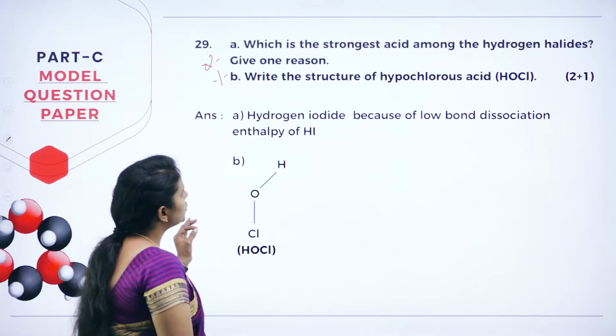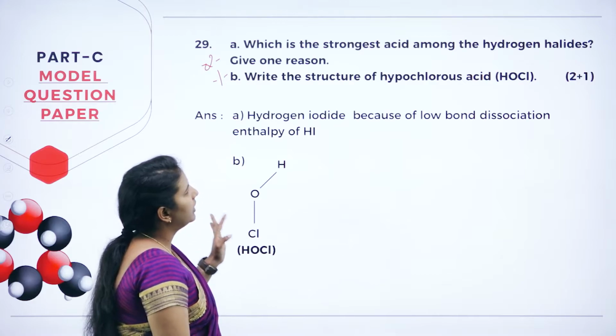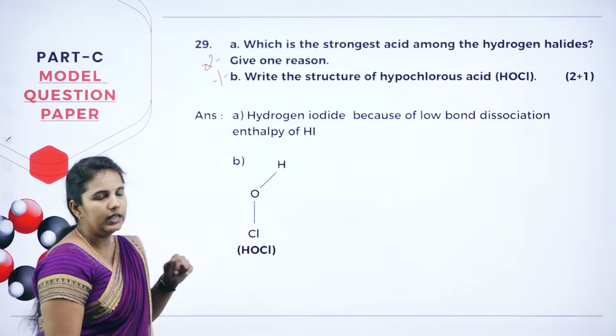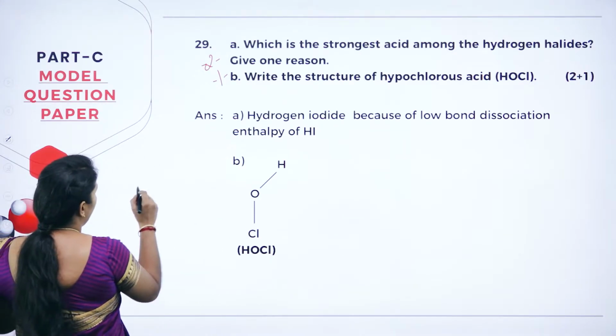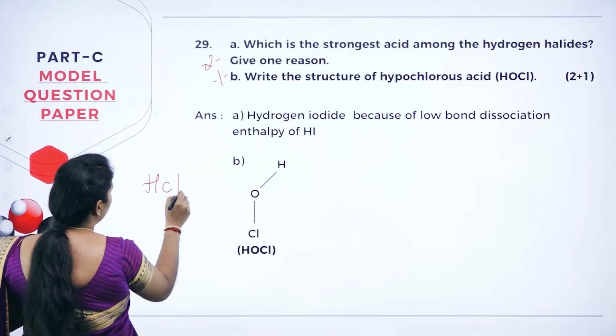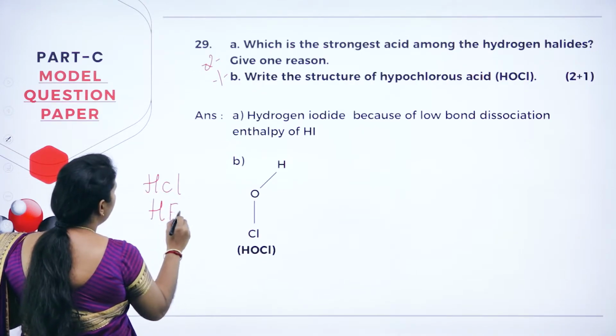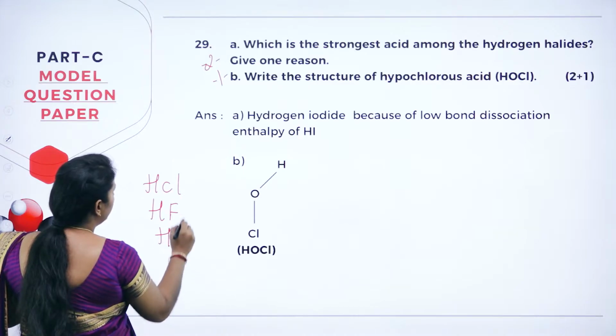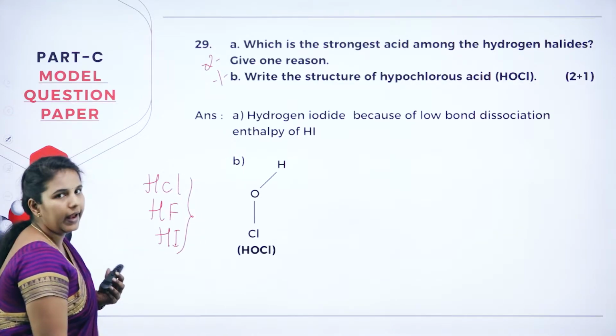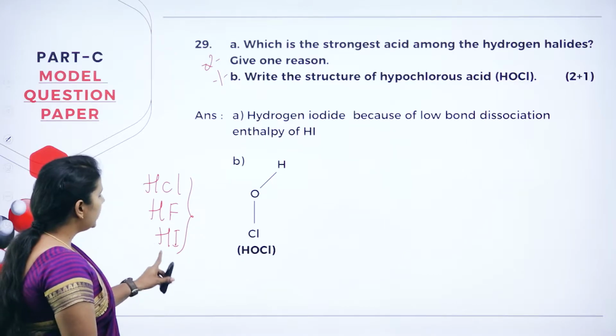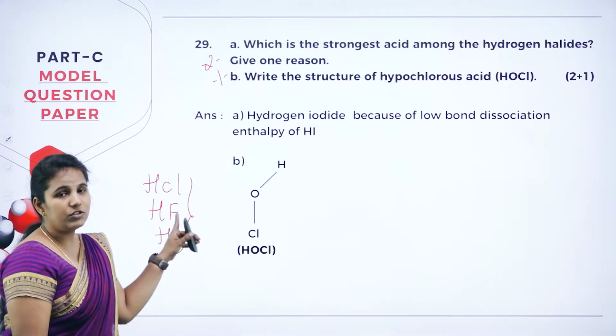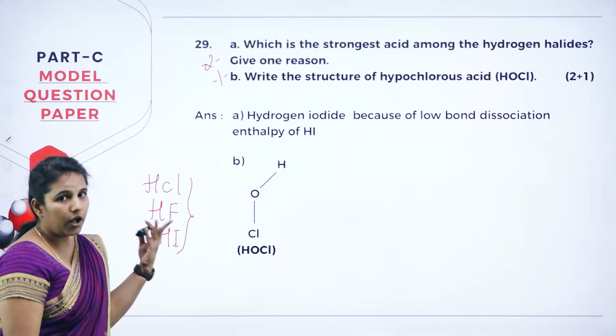Okay, which is the strongest acid among the hydrogen halides? If you write the hydrogen halides, that is HF, HCl and HI. These are the hydrogen halides, right? So among these, which hydrogen halide is the strongest?